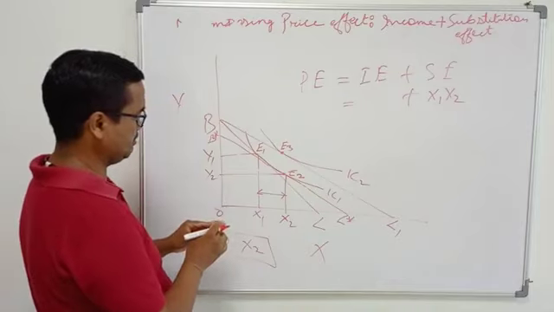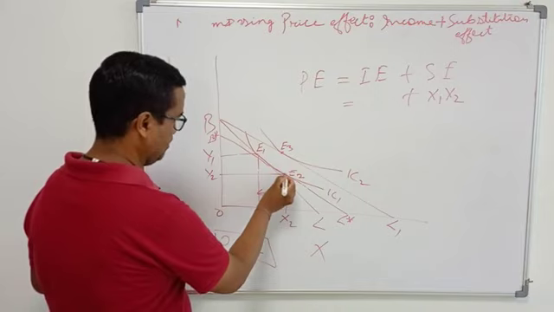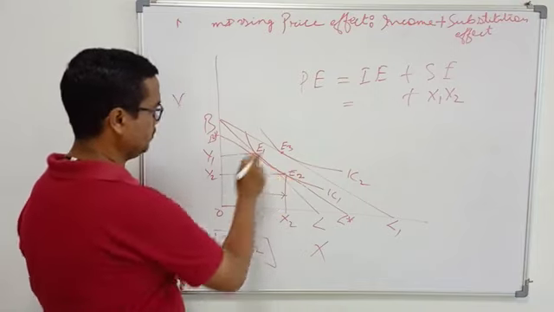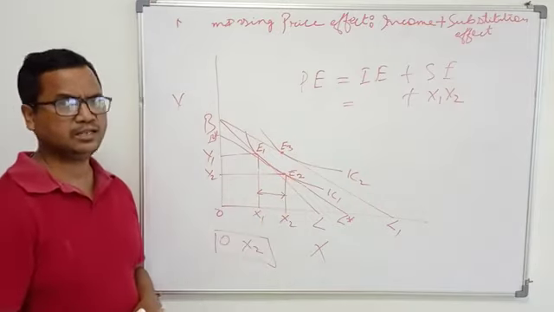When money has been returned to the consumer, the consumer shifts from E2 to E3. This movement from E2 to E3 is known as the income effect.